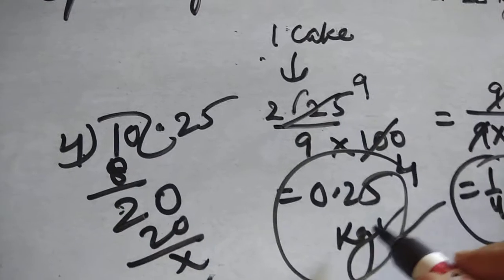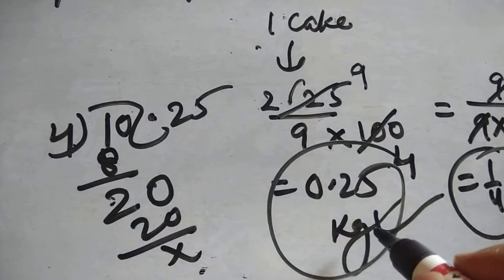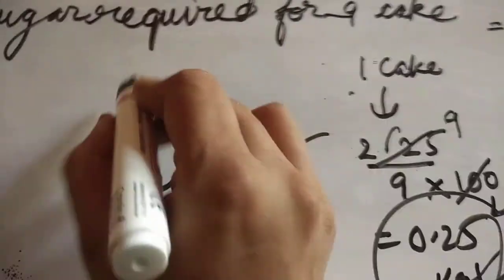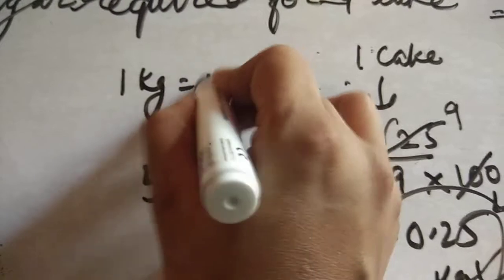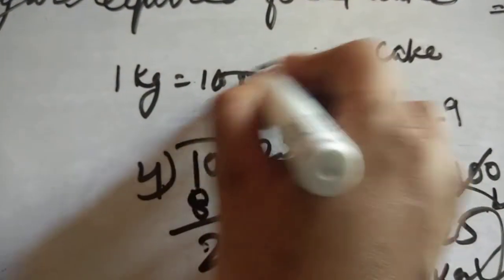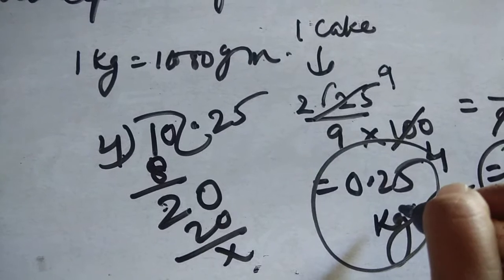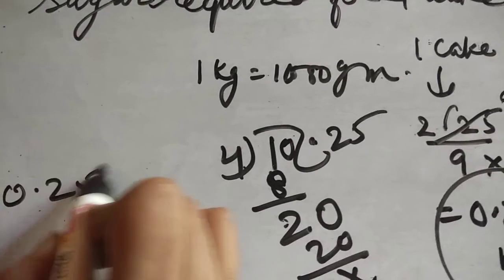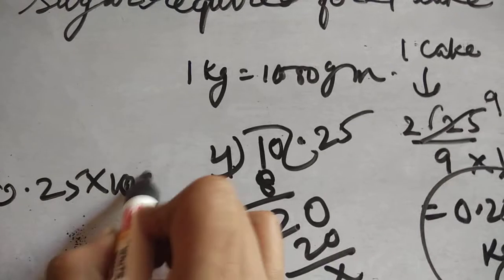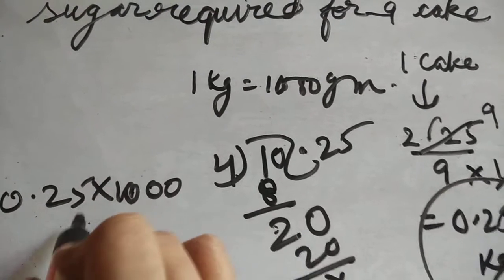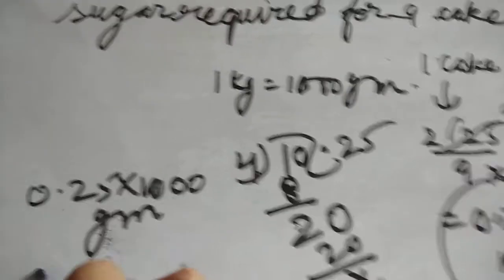We can also convert it into gram. We know that 1 kg equals 1000 gram. So if we multiply 0.25 by 1000, it will be converted into gram.